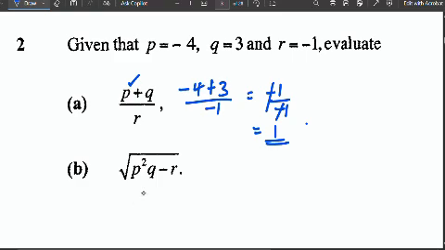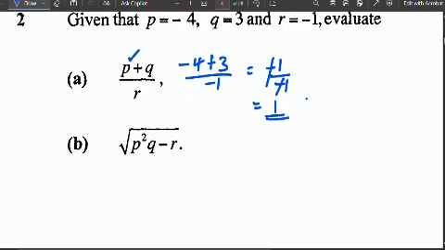Then the next part, our P, it's minus 4. So it's minus 4 squared, times our Q, it's 3, minus R is what? Minus 1. So minus 4 squared is the same as minus 4 times minus 4, which is 16. 16 times 3, minus and the minus will give us plus.